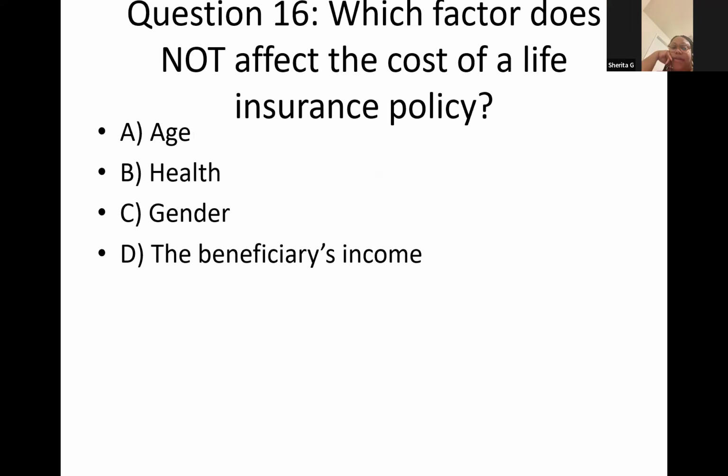Which factor does not affect the cost of a life insurance policy? The income. Right, income.